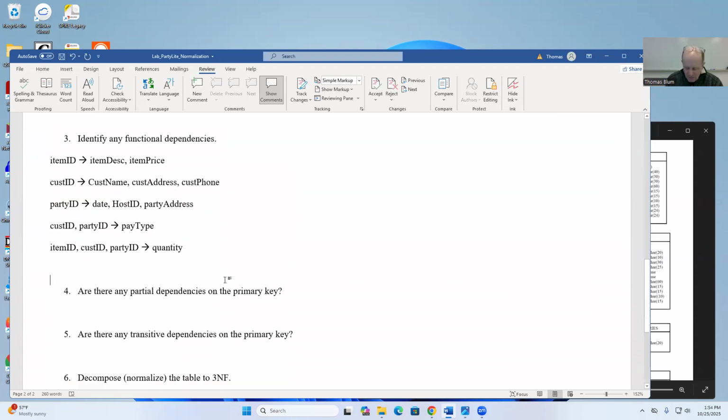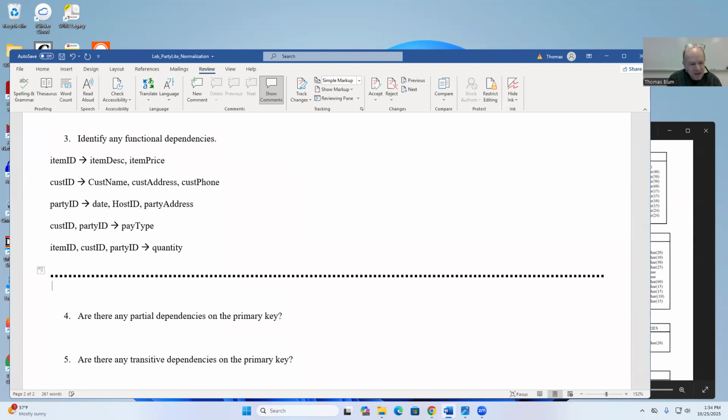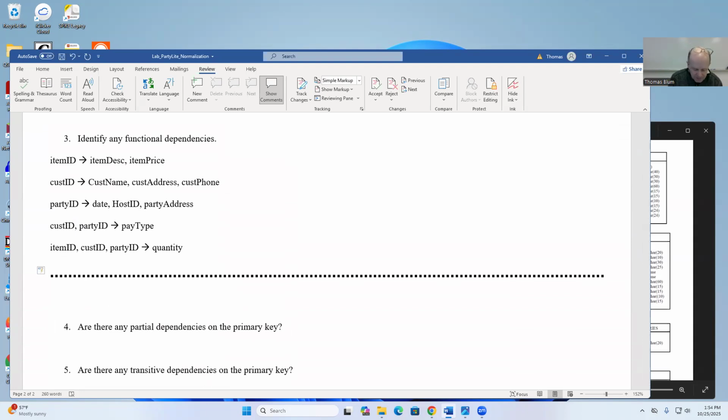So if I had introduced order ID, then it would have told me the customer ID, since an order is by one customer, and it would have told me the party ID. The order came from a particular party. And then those things we know in turn determine other things: the customer name, the party, the host, the date.